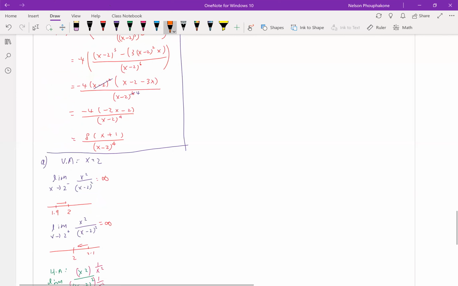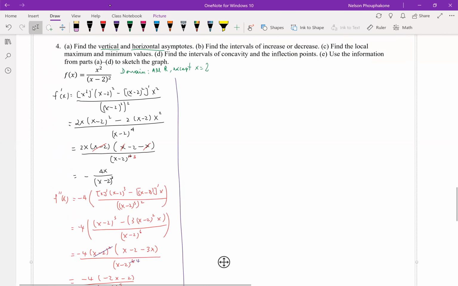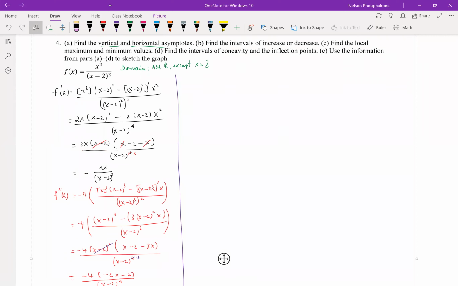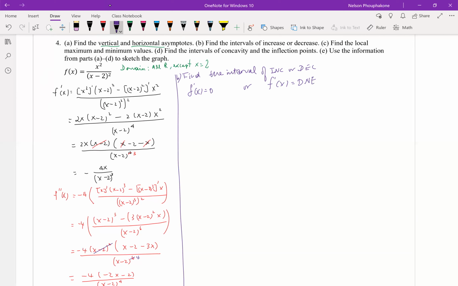Now, we would like to work with the increasing and decreasing. So we need to work with the sign chart now. I have f prime of x equal to 0, or f prime of x is undefined, does not exist.